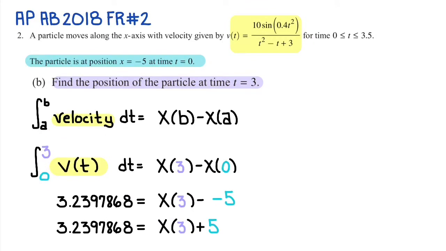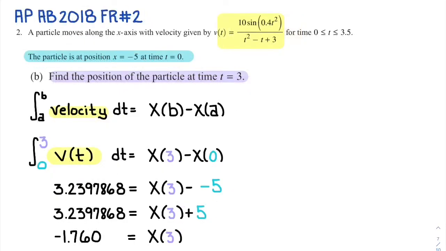Now to get the position at time 3 alone, subtract 5 from both sides. The position at time 3 is negative 1.760. I rounded to 3 place values because the test requires us to be accurate to 3 place values.